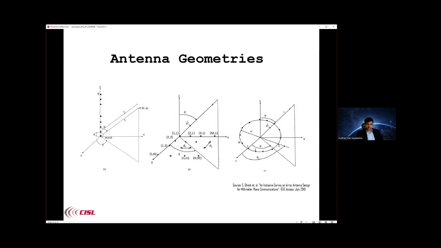Or if you consider the X and Y directions, then the element spacing in the X direction as well as the element spacing in the Y direction can be different or they can be the same. Another model is the uniform circular array, where you have the antenna array elements placed on a circle.